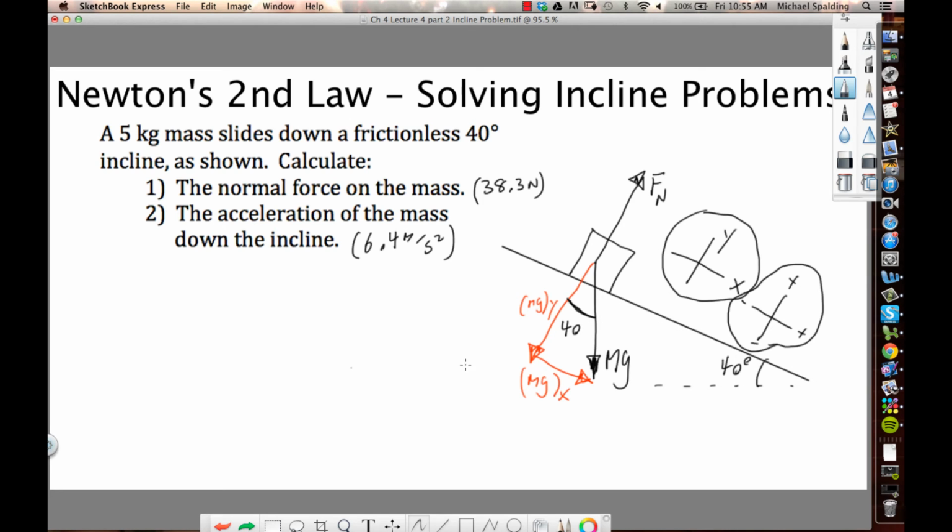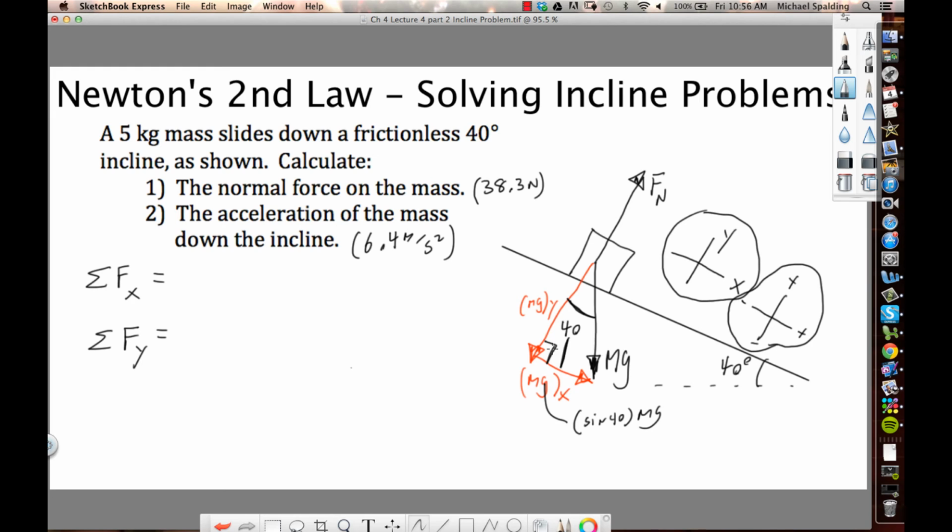Okay, now let's sum forces. So we did free body diagram. Now we sum forces. So summing forces x, summing forces y. We only have one force in the x direction, which is this guy right there, mgx. So how do we get mgx? Well, we got to use trig. mgx is going to be sine 40 mg, right? Sine because it's opposite the 40, right?